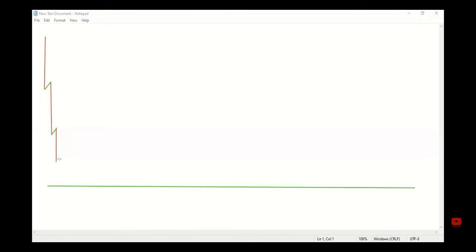After a pull back, again the market falls down.